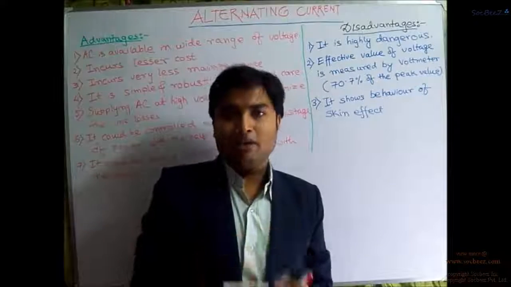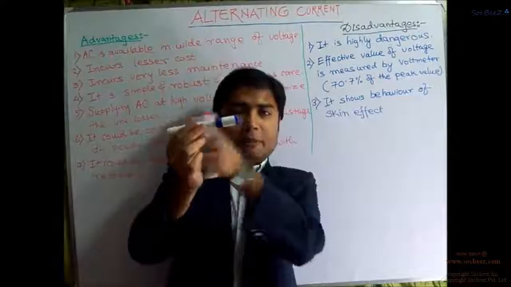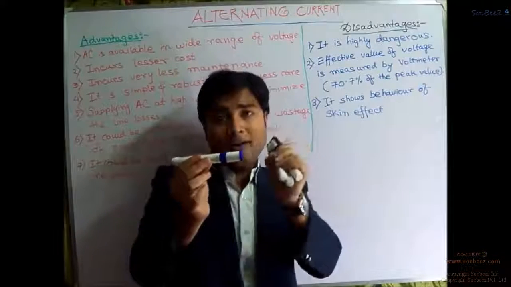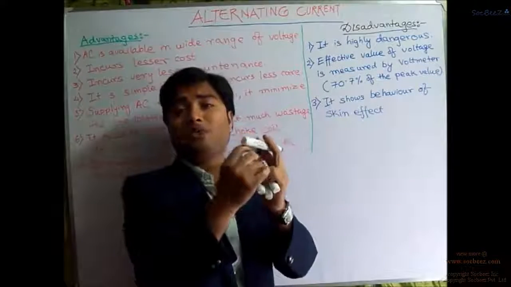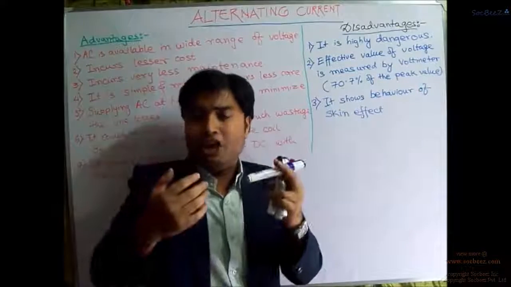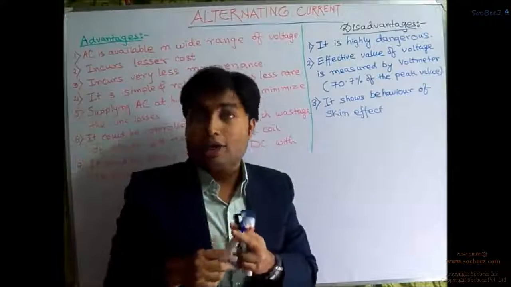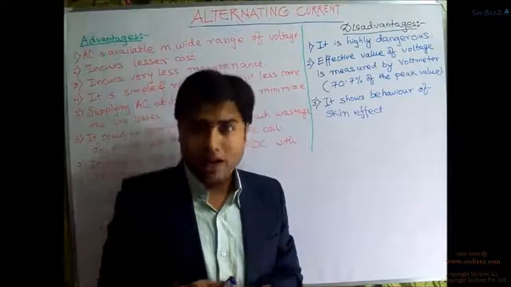For example, this is a conductor, this is a wire, and the alternating current is passing from this point to this point. But the alternating current is not going inside this wire. It has a tendency to remain on the surface of this conductor. And this is known as the skin effect, right?